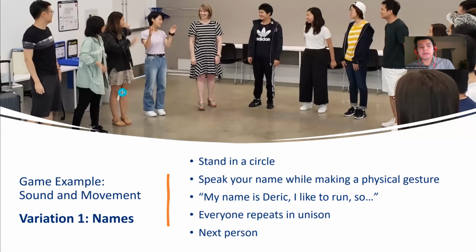And here we have an example of an activity. The activity is to stand in a circle with the class. Each student is going to give their name and a physical gesture, and everyone should repeat the gesture together. For example, my name is Alex, I like to run, and I run. And everyone should repeat, and so on.